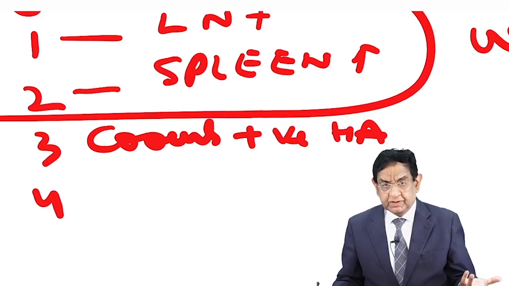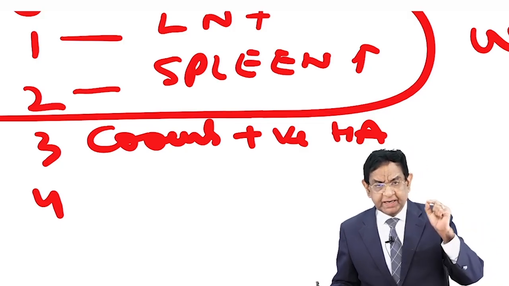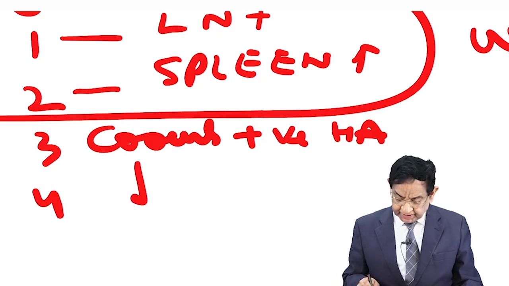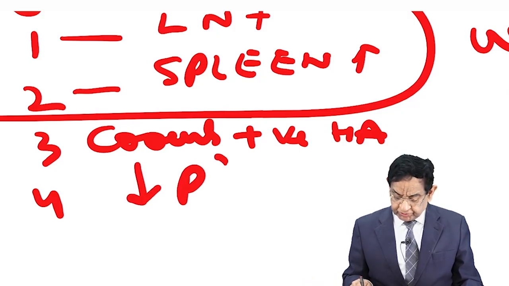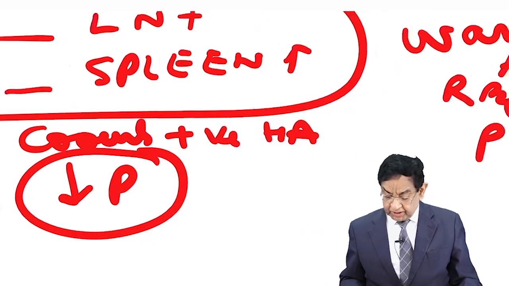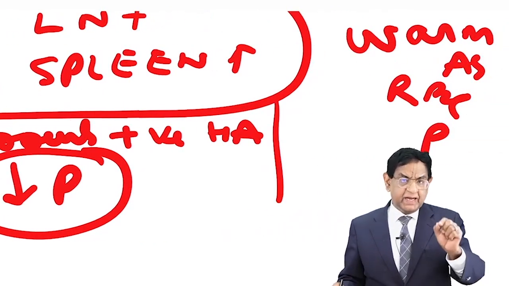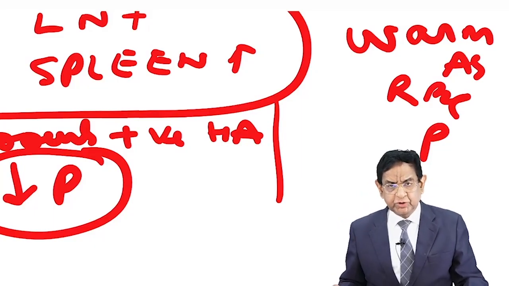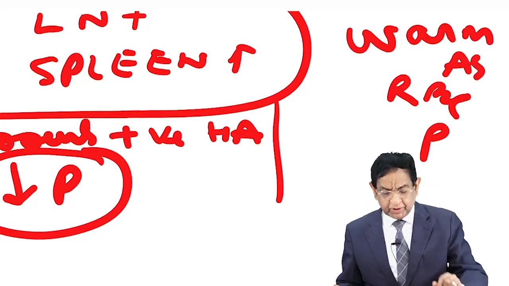And later on, they develop antibodies against the platelets, so they have thrombocytopenia, where the platelet count is reduced.